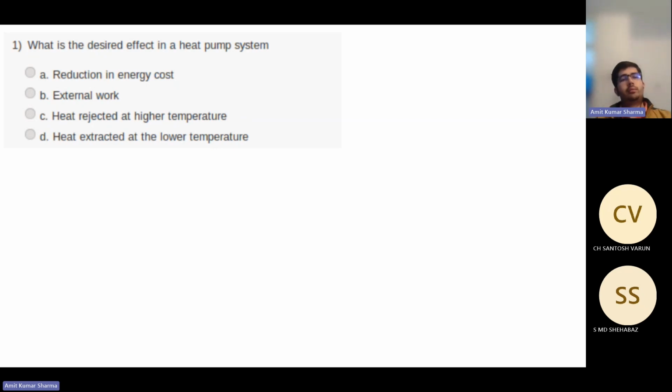Let me know the answer, and also the reasoning. Try to also remember the formula of COP. The formula for COP is desired effect upon work input. So what is the desired effect in that formula? It's option C, heat rejected at higher temperature.